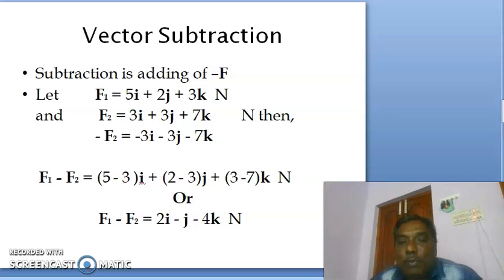So if F1 is 5i plus 2j plus 3k and F2 is 3i plus 3j plus 7k, the same example as the previous problem, then minus F2 is minus 3i minus 3j minus 7k, and F1 minus F2 is (5 minus 3) i plus (2 minus 3) j plus (3 minus 7) k, which gives 2i minus j minus 4k newtons. So this is how we go for vector subtraction.